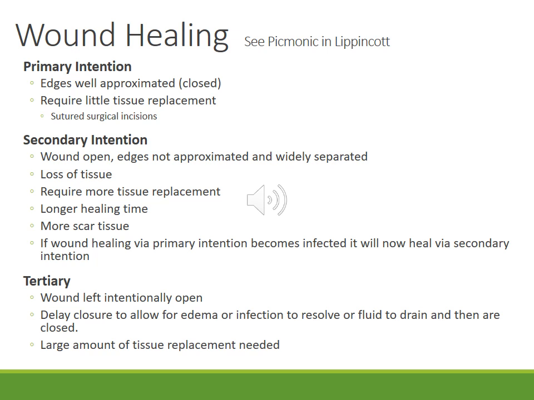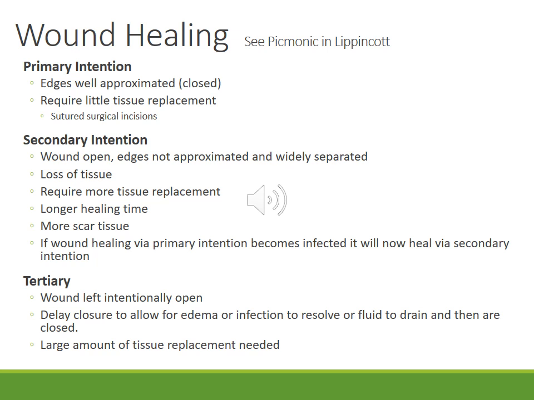And then as we move on to secondary intention, this is when the wound is more open. You have lacerations. The edges aren't as well approximated. They're more widely separated. There's some type of loss of tissue there. And whenever there's a loss of that tissue, it's going to require more tissue replacement, which makes that healing time longer.